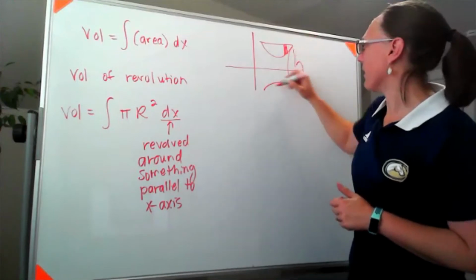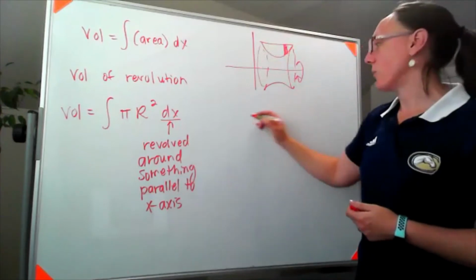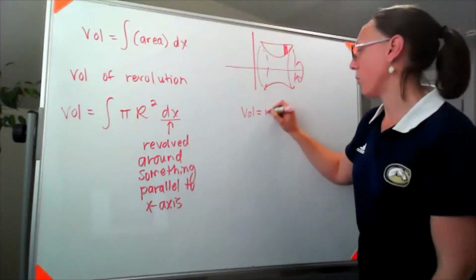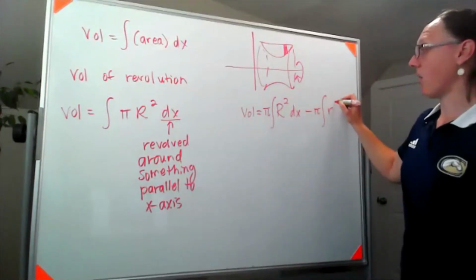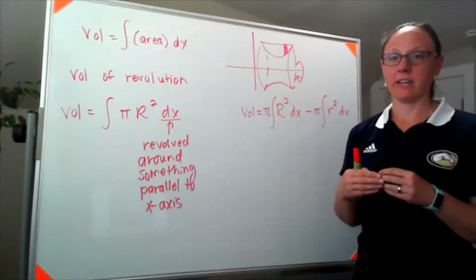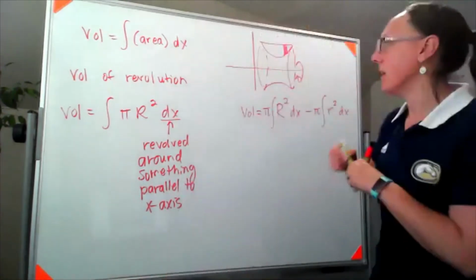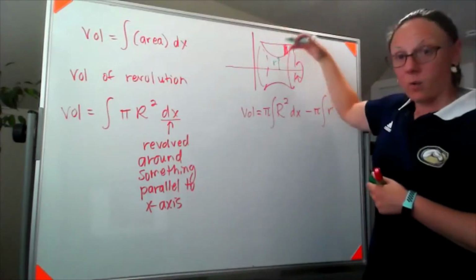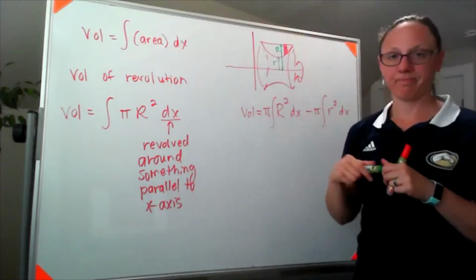We end up with something that has this hollowed out core, which means that we'll end up with a volume that's like a big volume minus a little volume, or a pi big R squared dx minus a pi little r squared dx, where that radius is measured from the axis of rotation to our functions, respectively. So in this case, for what I drew in, my little r would go from the axis of rotation to that lower function, and my big R would go from the axis of rotation to the upper function.